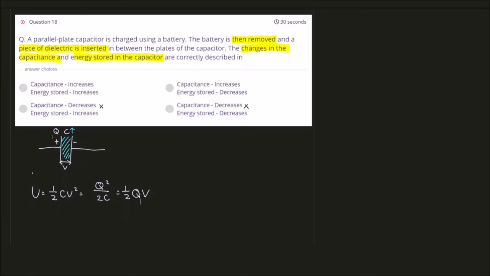Why is it important to know that Q is constant? Because it allows you to use an equation that can determine the relationship with energy more efficiently. The idea is if Q is constant, you should use the equation of U which has Q inside of it. In that case, you can use either U equals Q squared over 2C, or you can use U equals half QV.